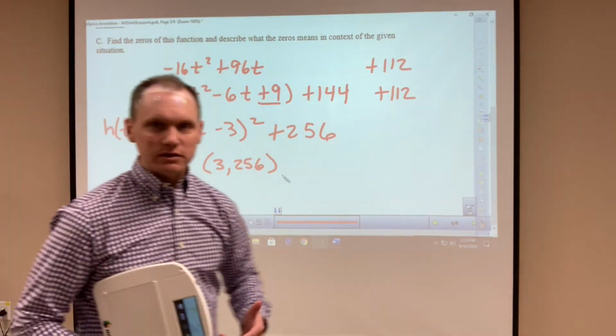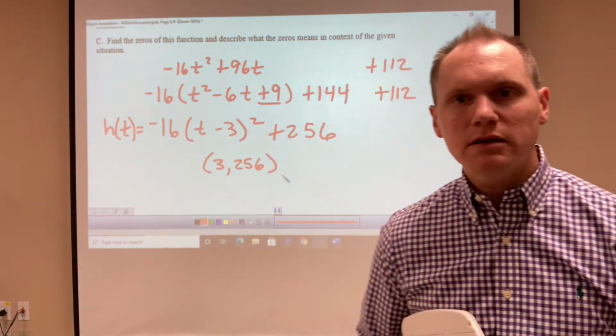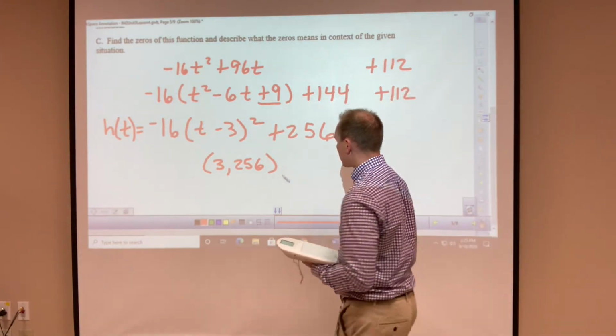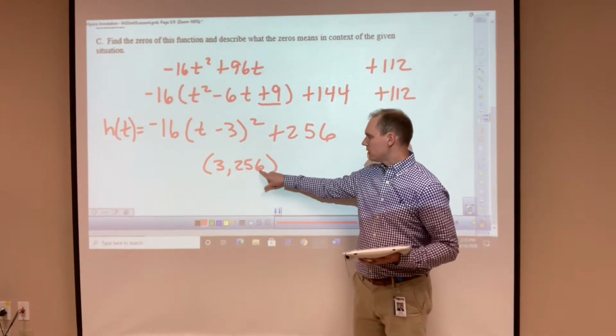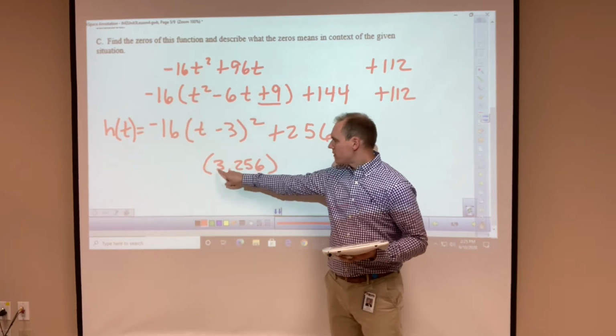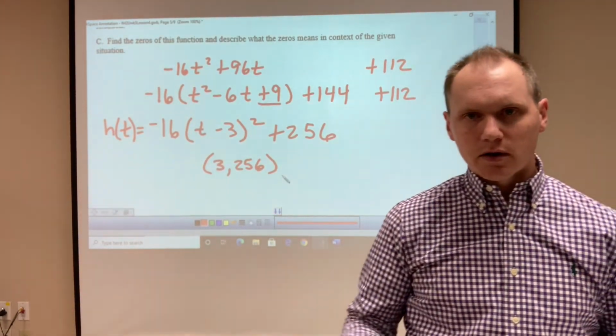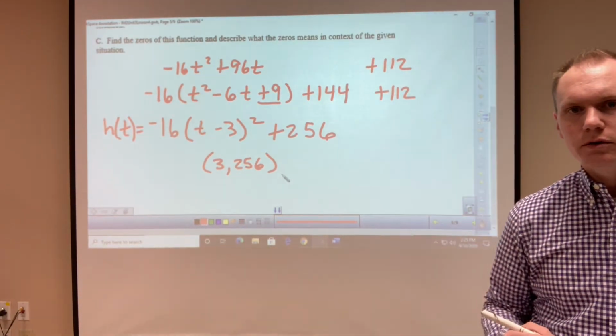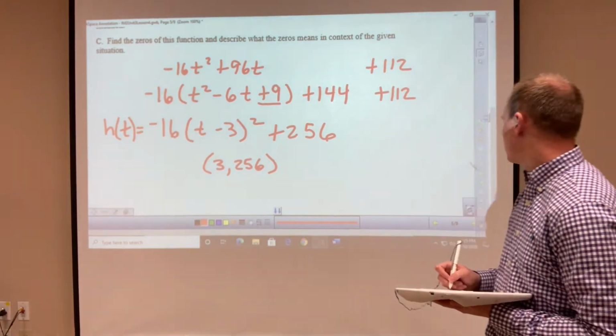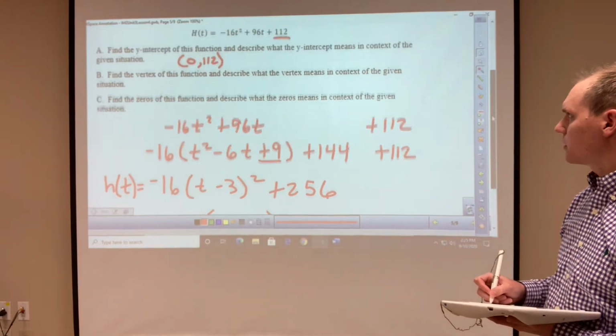And the great thing about that is that tells us the maximum height and when that occurs. So the rocket reaches a maximum height of 256 feet 3 seconds into launch. And so by completing the square, we were able to reveal that characteristic of this rocket launch.